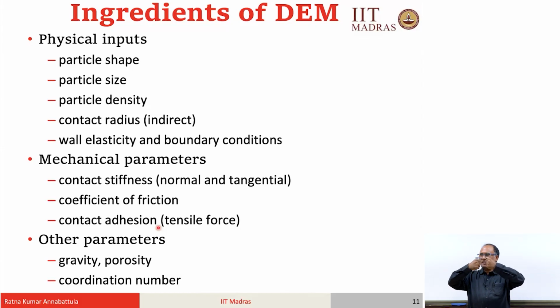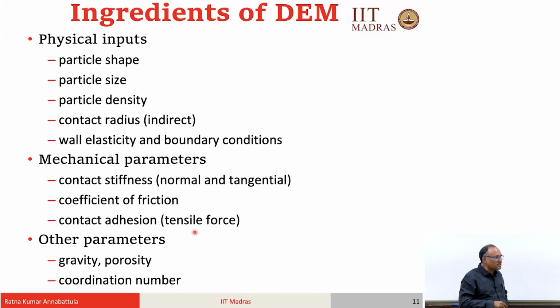Now, if you want to separate them, there will be no resistance offered. But imagine they are bonded. Then you need to overcome that bonding force before they can be separated. So, you have to talk about what is the tensile force that you need to apply in order to separate them.